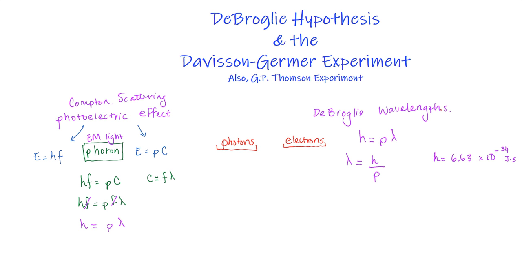So what de Broglie suggests is that, okay, if nature is symmetrical in this sense, like it is in most cases, if light can be a photon, and a photon can have energy and momentum, then why can't an electron have wavelength and frequency?